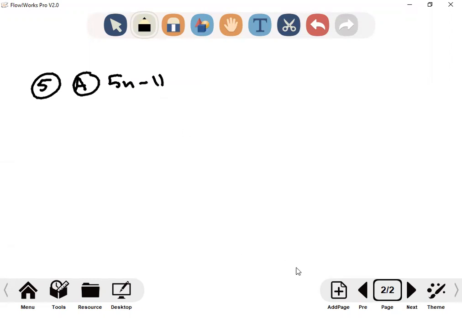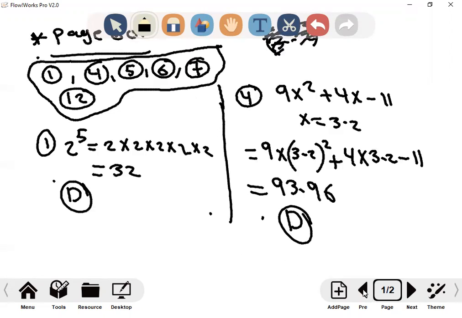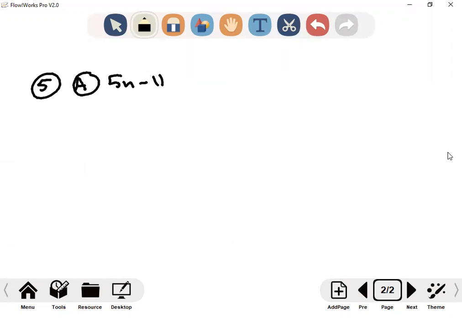But question 6. Read, Yazan. Evaluate the expression. Let me write it: 5 bracket 13 minus parentheses 3 to the power of 2 plus 2 to the power of 2.